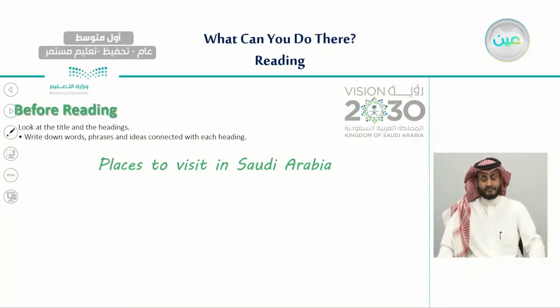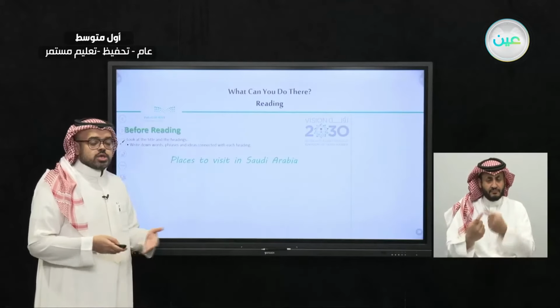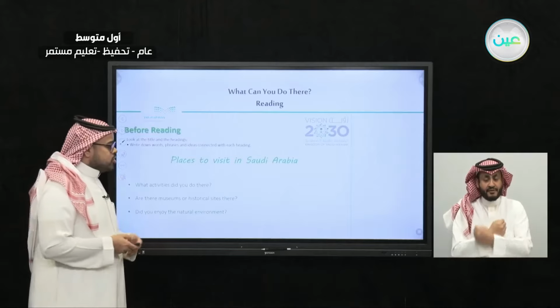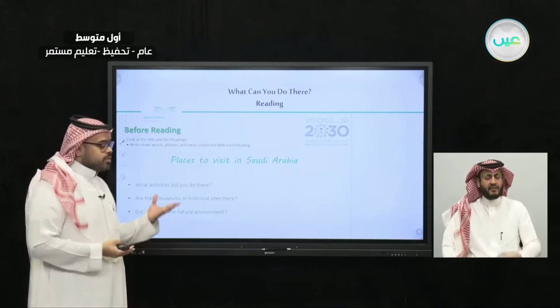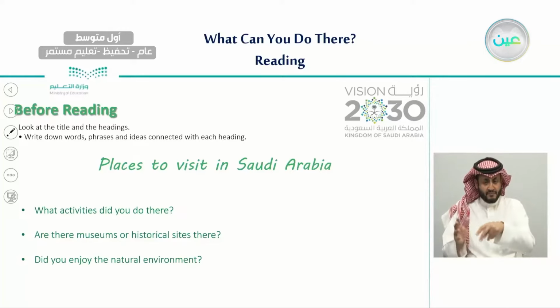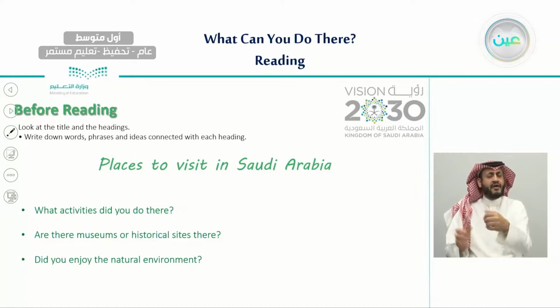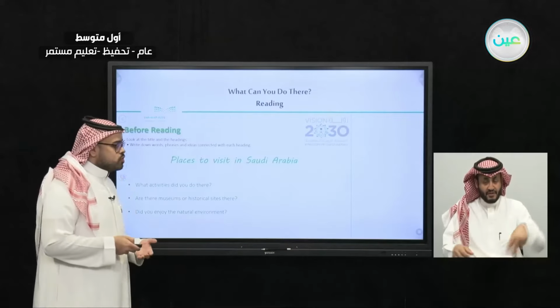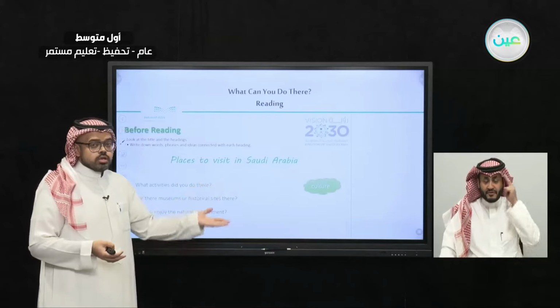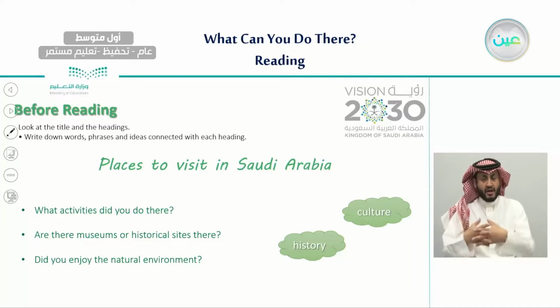For example, I can think of the National Museum. And when I think of that place, as you will do when you think of that place, let's talk about what kind of activities you can do there. For me, when we go to the National Museum, we can learn about culture, we can also learn about the history of our country.